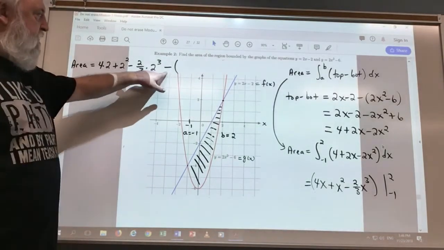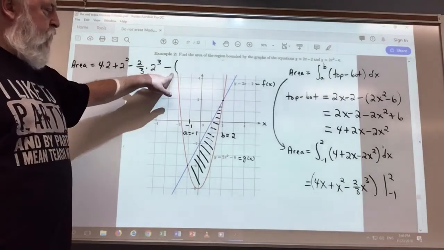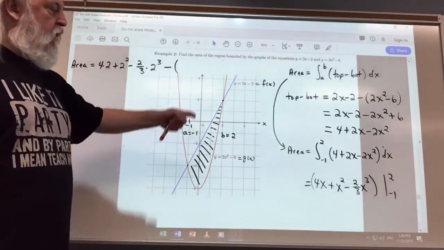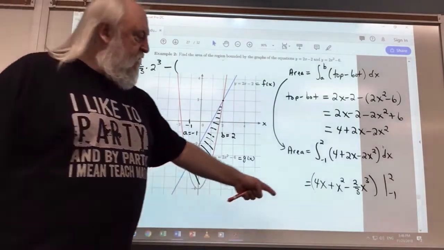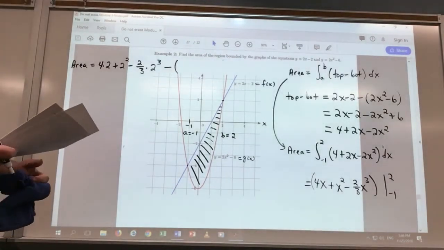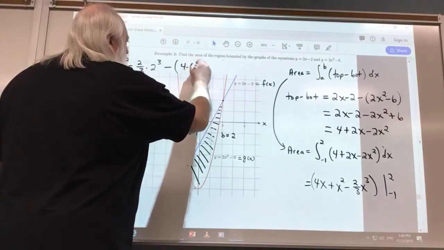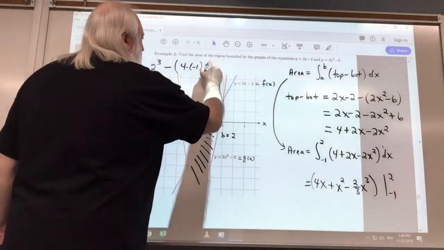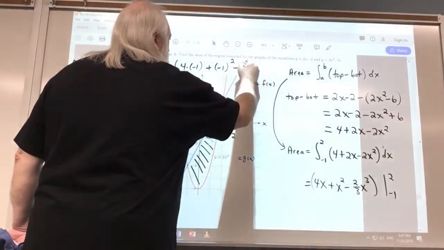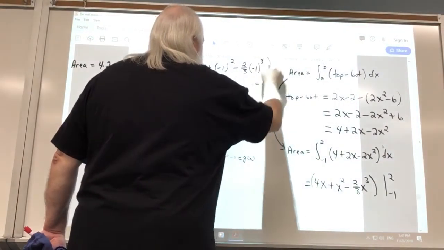Always, when you have multiple terms in your antiderivative, put everything inside parentheses when you substitute the lower limit of integration, or you'll just change the sign of the first term and not the second and third terms. So then we have 4 times minus 1 plus minus 1 squared minus 2/3 times minus 1 cubed.